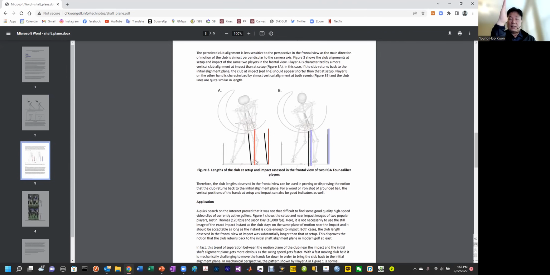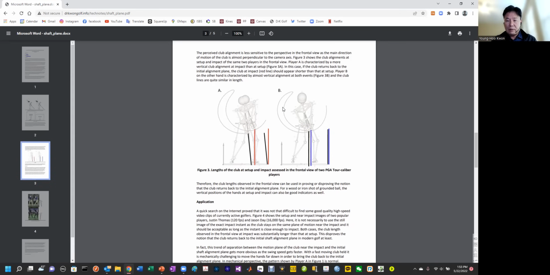Near impact, when these lines are fairly aligned with the vertical direction, you measure the length of the club, even if the image is a little fuzzy. If you compare the club length between the setup position and impact, and the line appears longer at impact, that means the club is aligned along a steeper plane.